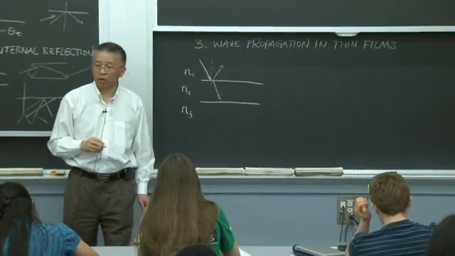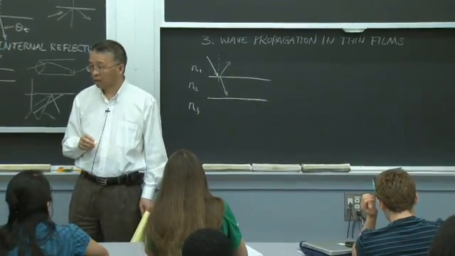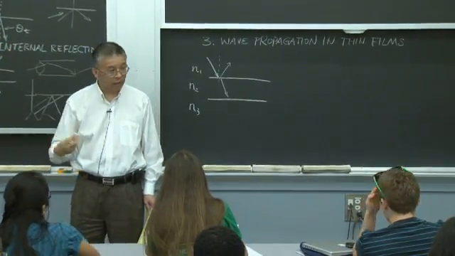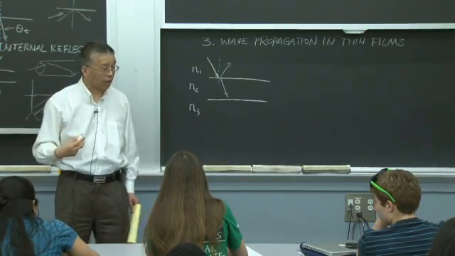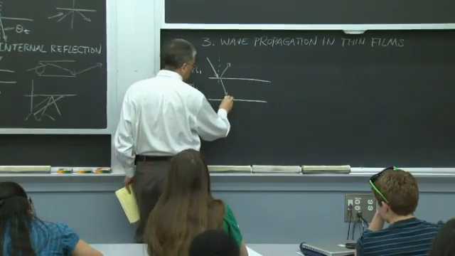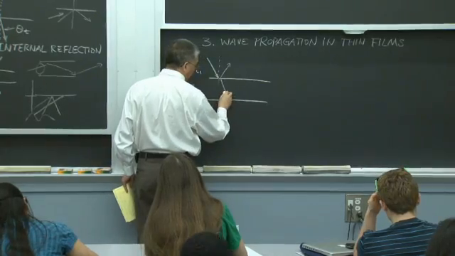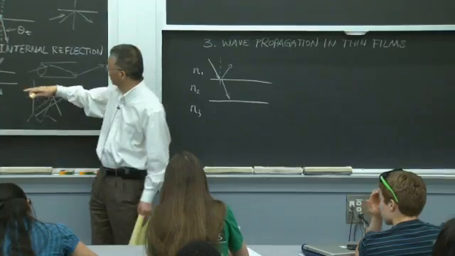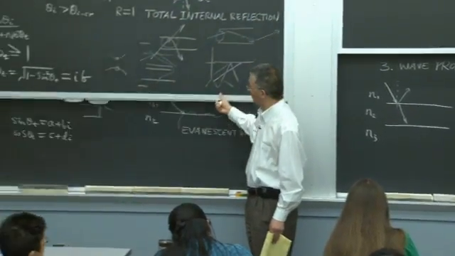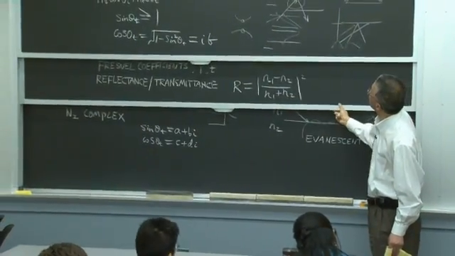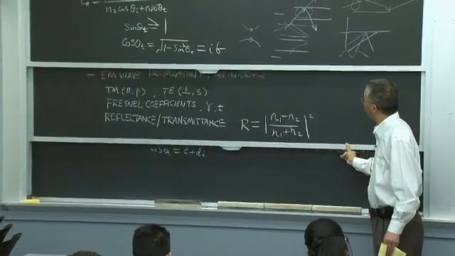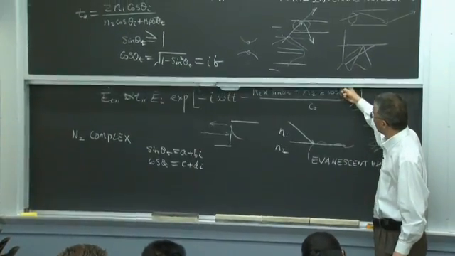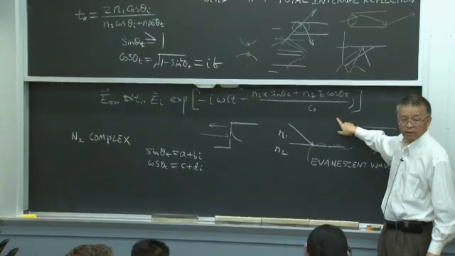You can use your Snell formula to calculate that reflection and refraction, the transmitted part. And when it propagates to the second interface, we know how to write the wave propagation, the phase factor. That's my phase factor.